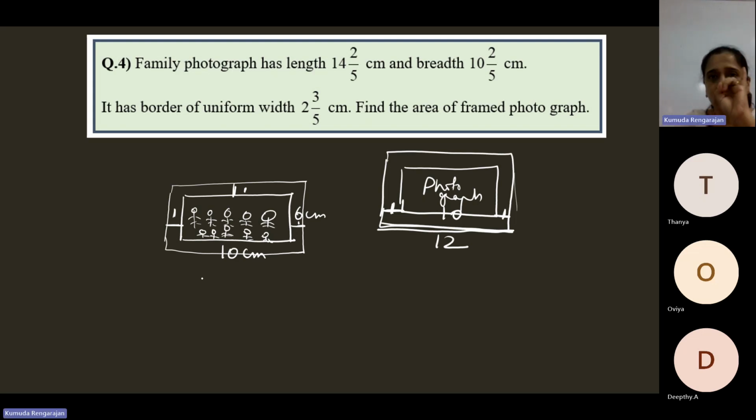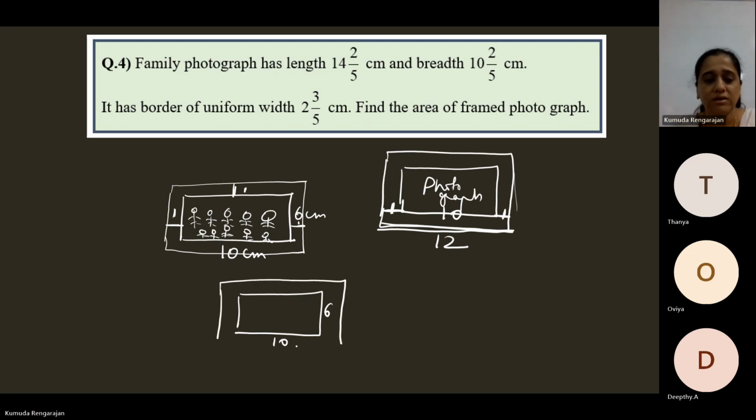There are two things here, photograph and framed photograph. The length and the breadth of the photograph are given to you in the question. What's the length of the photograph? 10 centimeters. What's the breadth? 6 centimeters. Now, when you frame it, this frame has a thickness of 1 centimeter.